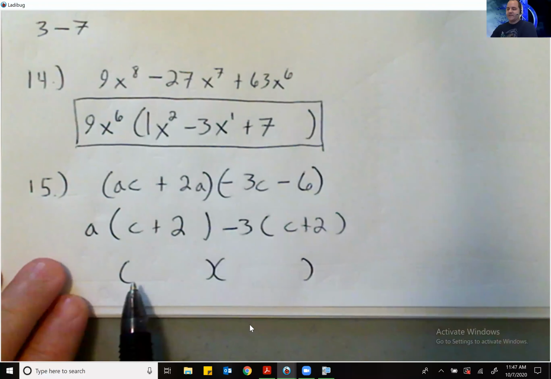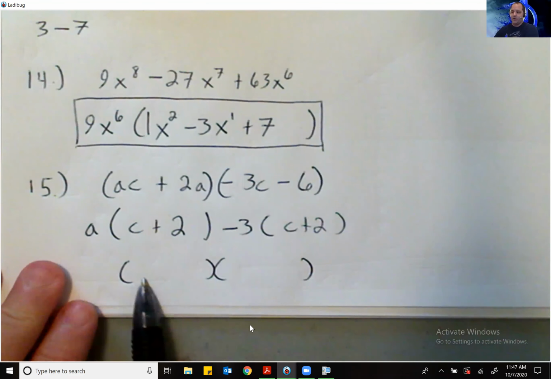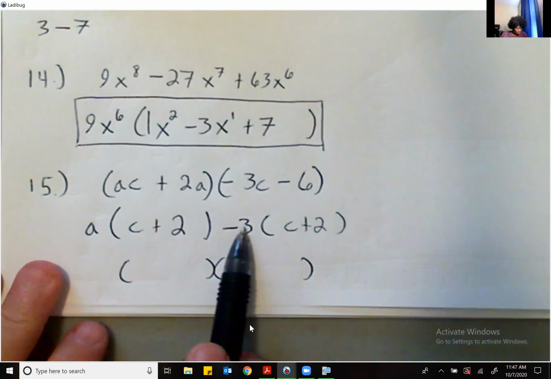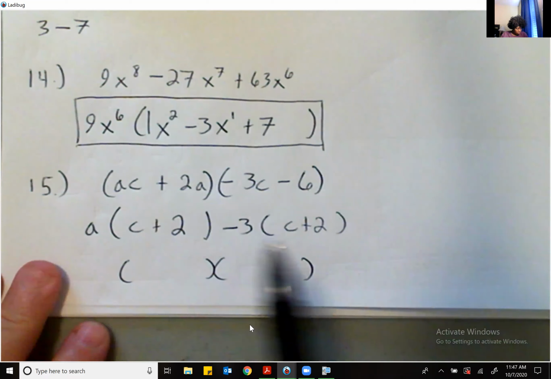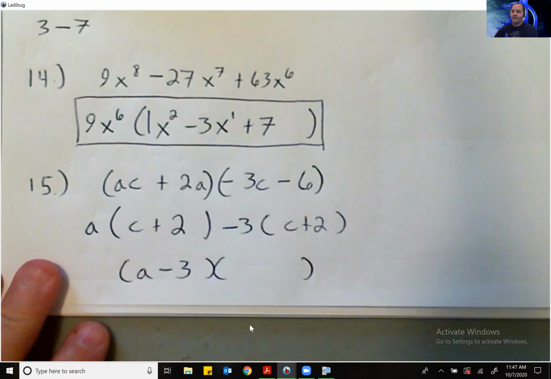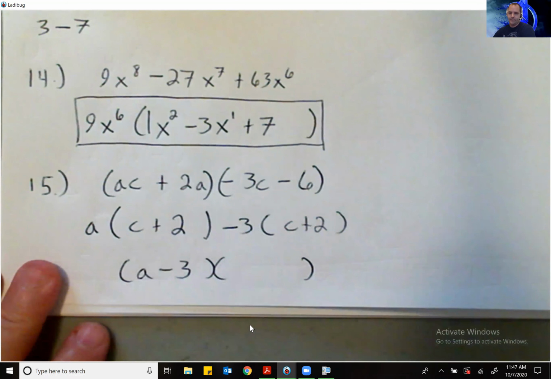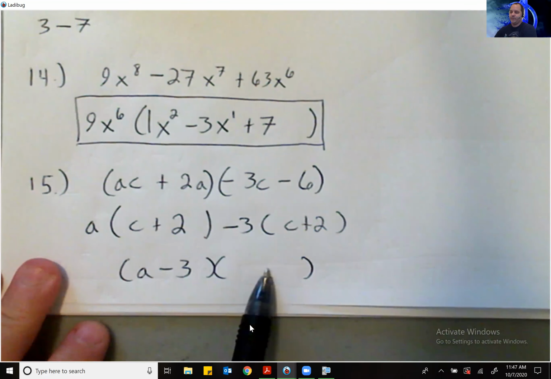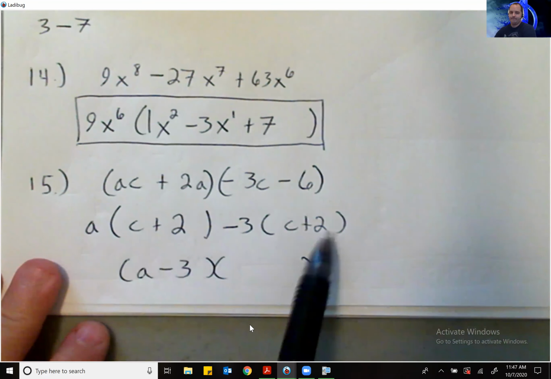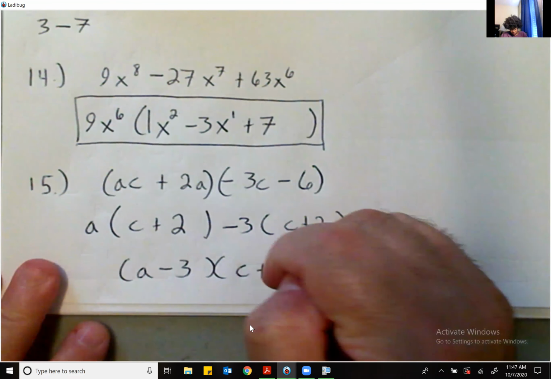In the first parenthesis, write down the GCFs. So what were the GCFs in order? A minus 3. If this was a positive 3, we would have put A plus 3. The second parenthesis is the repeat. So what parenthesis repeated? C plus 2. Congratulations, you have factored by grouping.